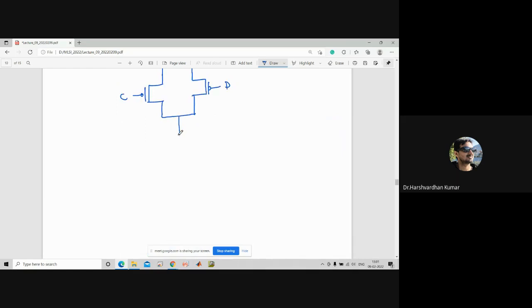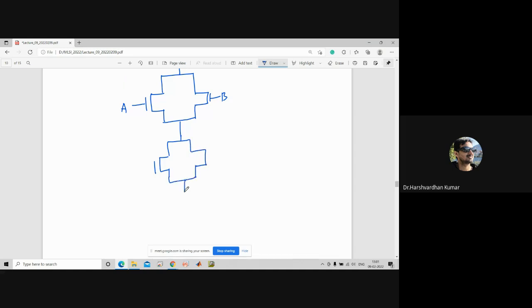So now we need to connect, okay, so this will be B. And here, what will be the voltage?